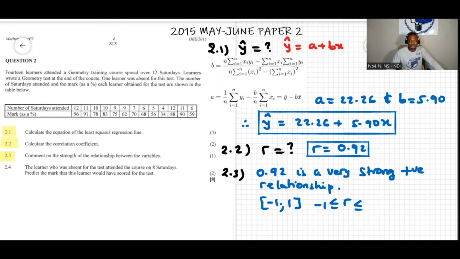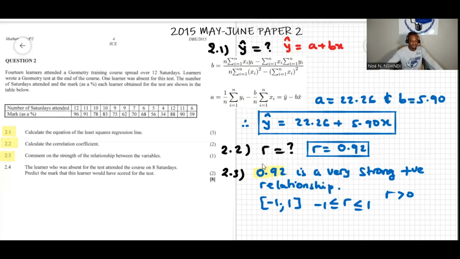Now, the closer it is to 1, okay, I'll say it this way. If R is positive, we'll say it's a positive correlation. But if it is much closer to 1, like in this case, 0.92 is much closer to 1, we will say 0.92 is a very strong positive relationship, because the correlation coefficient is much closer to positive 1.